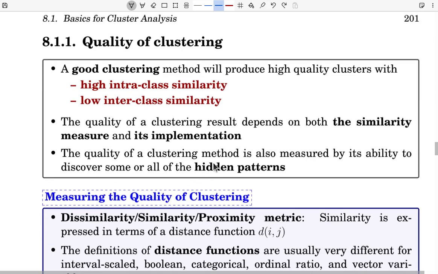And the quality of a clustering method is also measured by its ability to discover some or all of the hidden patterns. That's the major goal in clustering, so if it can find all of the hidden patterns, then it'll be really good.